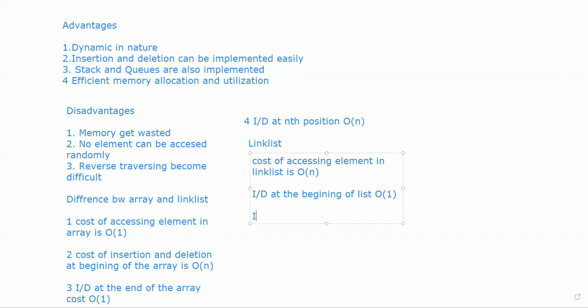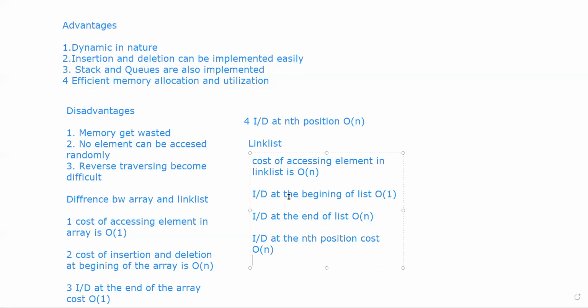The cost of insertion and deletion at the end of the list is big O of n, and insertion and deletion at the nth position will cost big O of n.